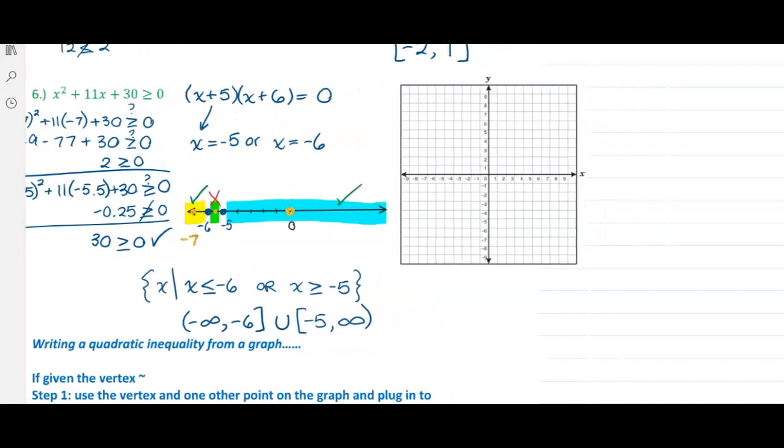Now what would this look like graphically? Well, if I graph this quadratic over here, again, I'm going to save some time and utilize the graphing calculator. Get a nice graph. I'm going to look at my table of values to get some nice numbers that I can plot. I can plot points like -5, 0, -6, 0.